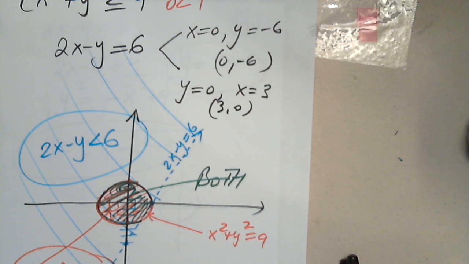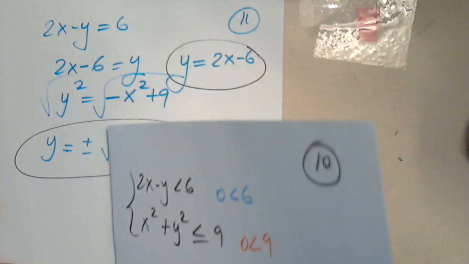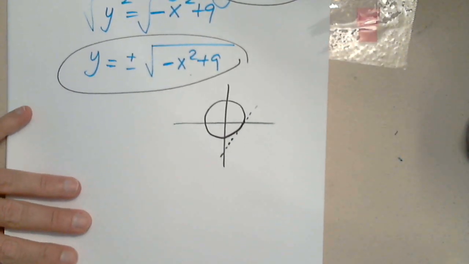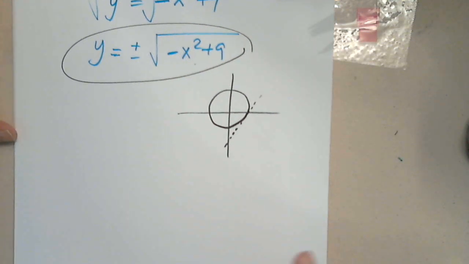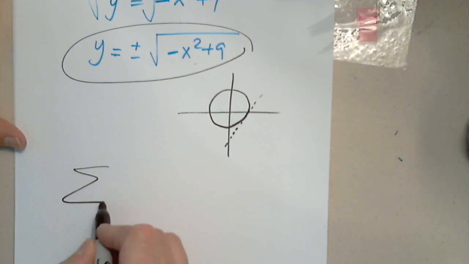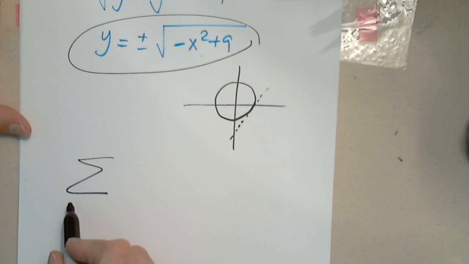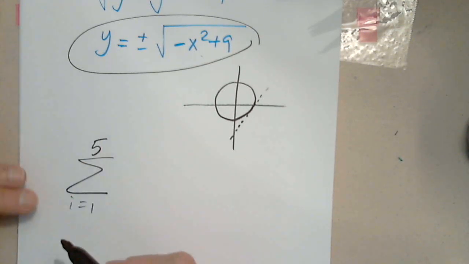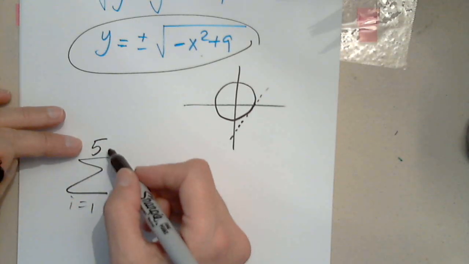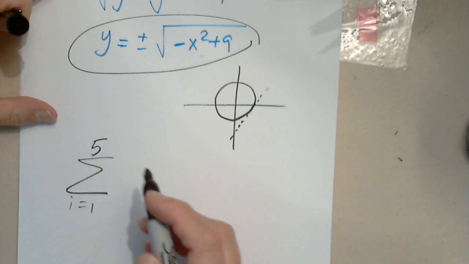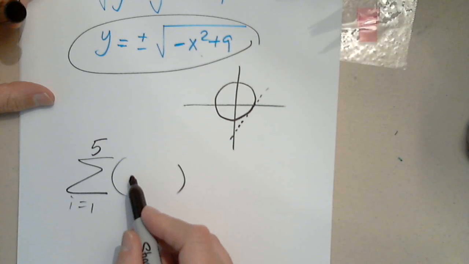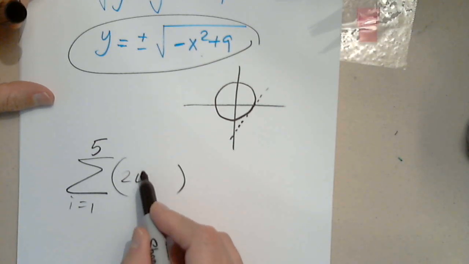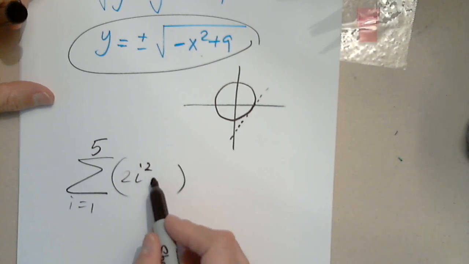Number 18 says find the sum after you write out all terms, and it's the summation notation with i equals 1 and then 5 on top. And we say from i equals 1 through 5. And then in parentheses, it's 2 times i squared minus 3.